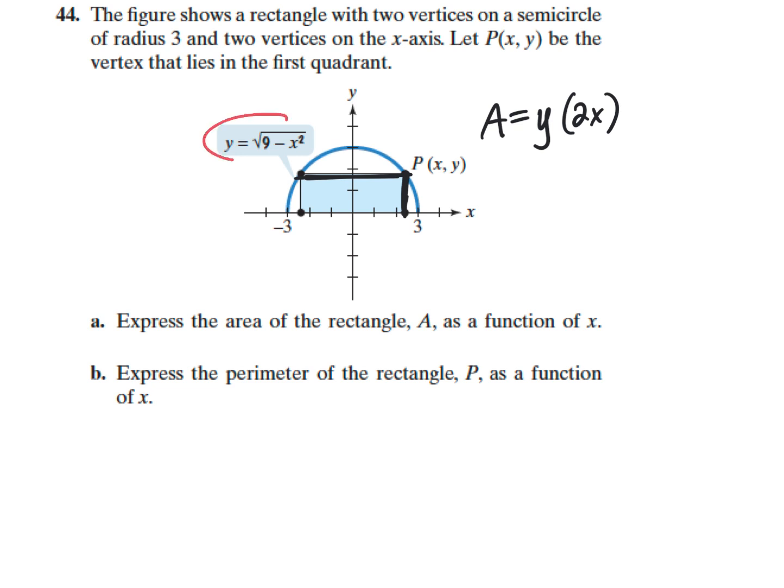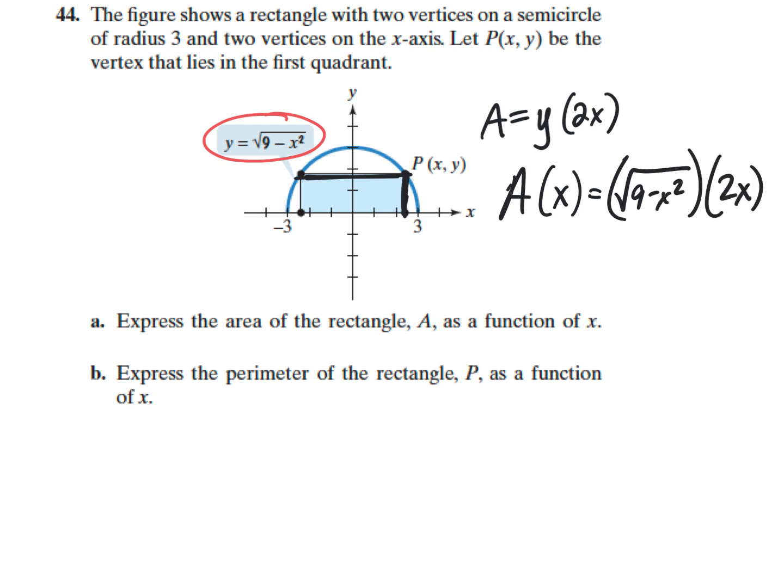Luckily, we know what y equals, right? We have a direct substitution here for our y value that'll help us find the area. Area as a function of x will equal y, which is the square root of 9 minus x squared, times 2x. Now we've created a function. We've eliminated one of our variables.